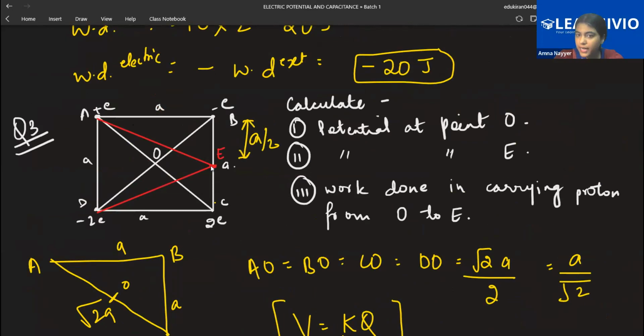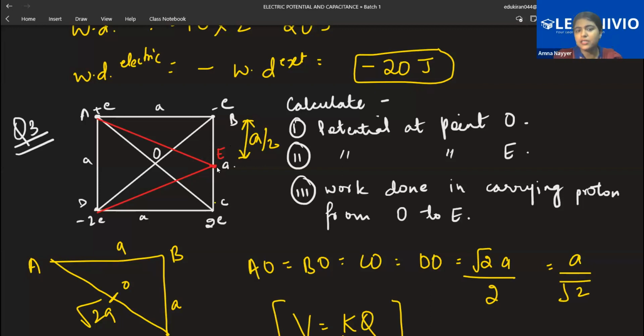Why? Now we'll be calculating everything from point E. So we'll be calculating plus E from point E, right? So this separation we require. Minus E from this, we require this separation, but we know this is A by 2.